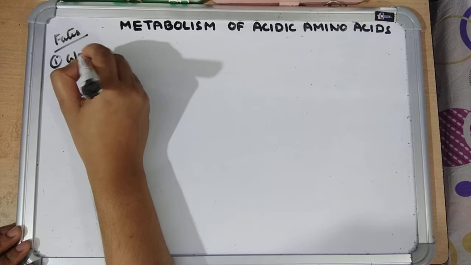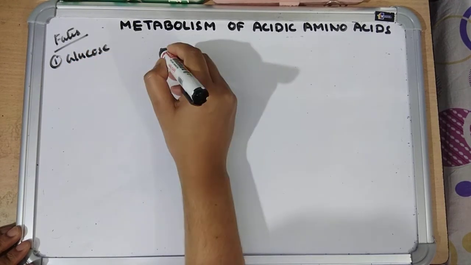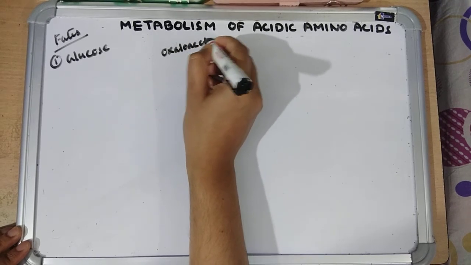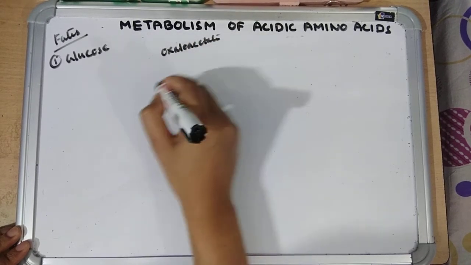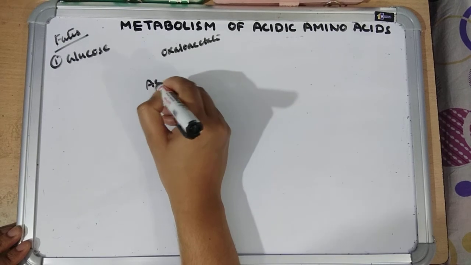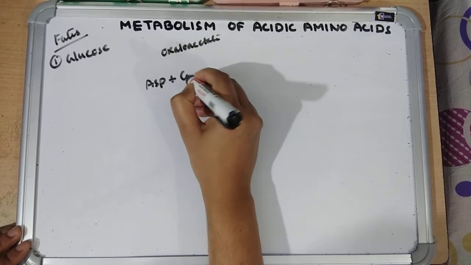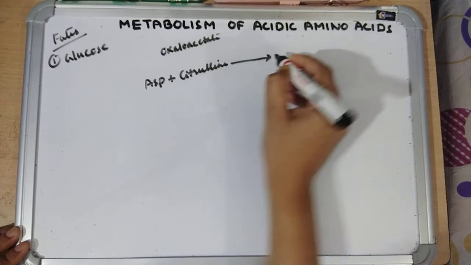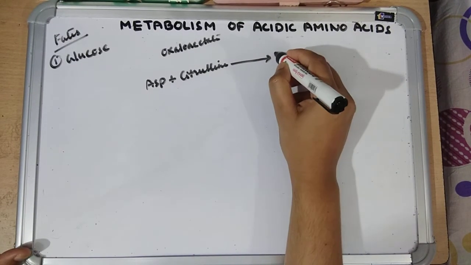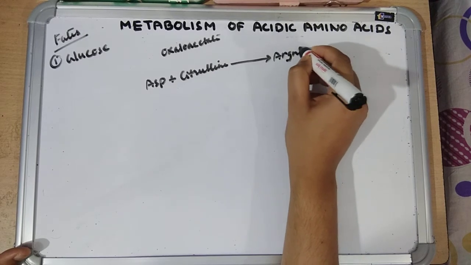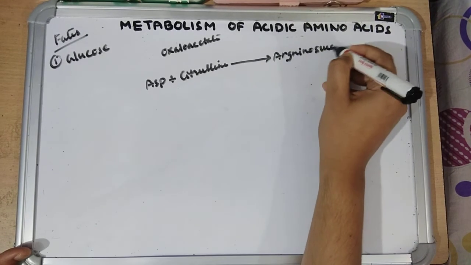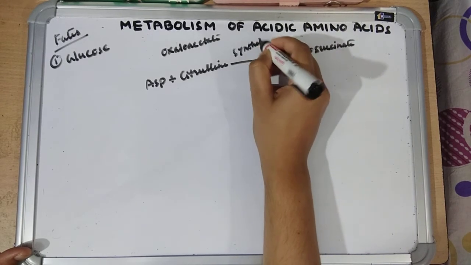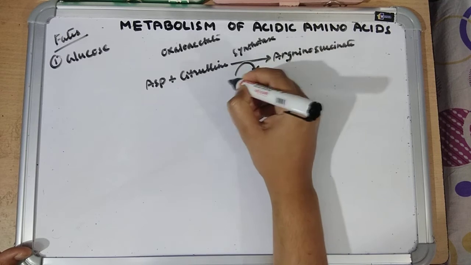Number 1, it forms glucose by 2 ways. Either it is transaminated to oxaloacetate and forms glucose, or it can be converted into fumarate by this reaction. This reaction occurs in the urea cycle, where aspartate and citrulline combine to form argininosuccinate by argininosuccinate synthetase, where ATP is required.